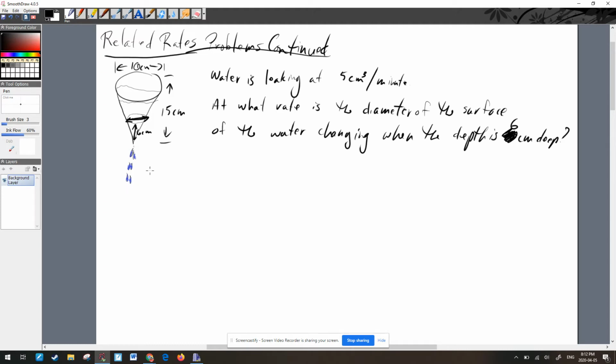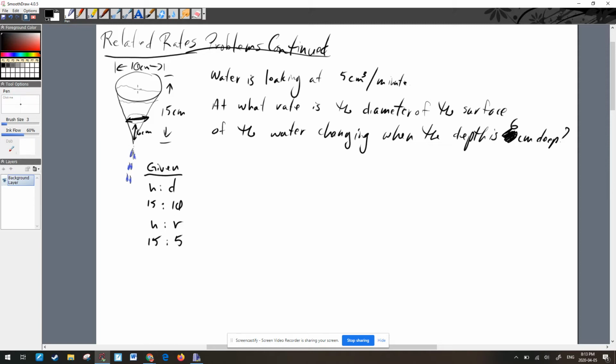So let's list our givens and our wants. We're given that there's a ratio of height to diameter and similarly height to radius. So height to diameter is 15 to 10. And height to radius is still 15, but now the radius is just 5.